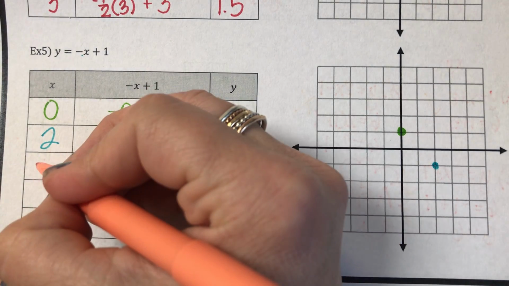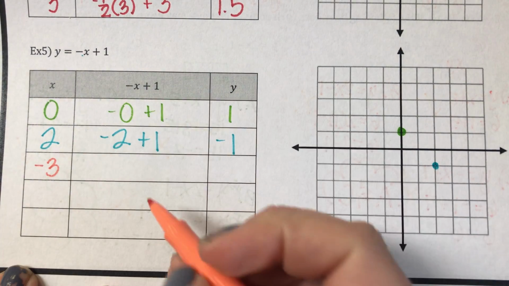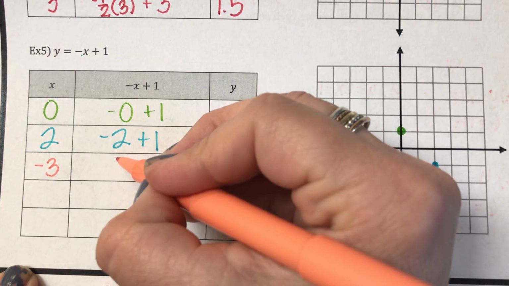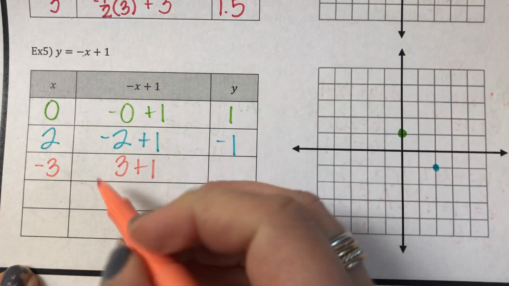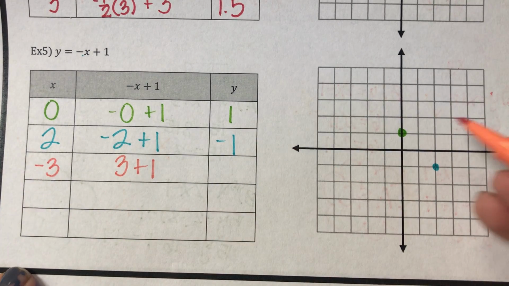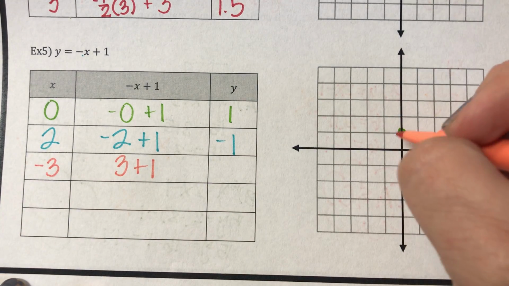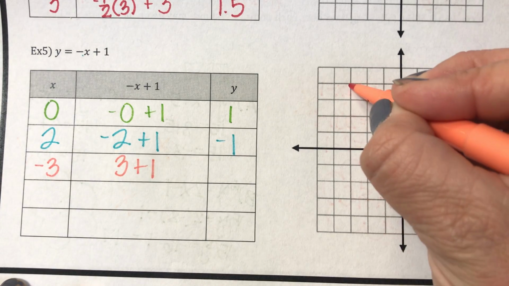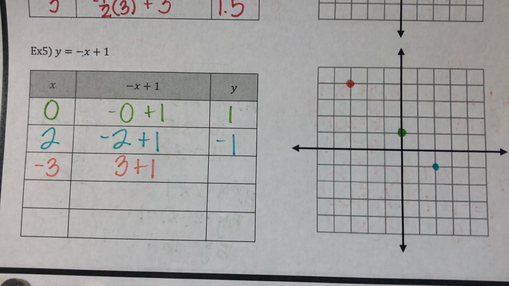What if I pick an actual negative, like -3? So if I plug this in here, what's the opposite of -3? +3, right? It's negative, which is positive. And then 3 plus 1 is 4. So when I put in -3 for x, I got out 4 for y.